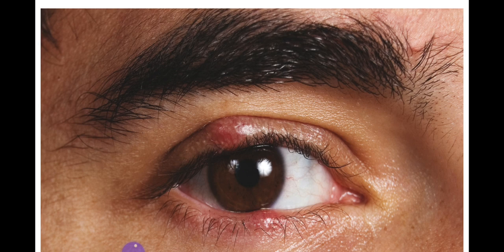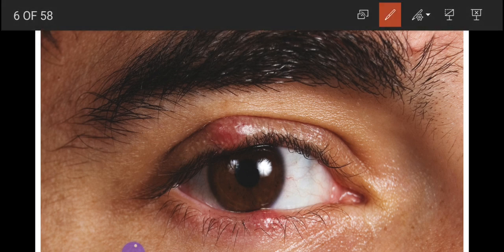In this picture, here you see the development of stye, this one and this one. Both the eyelids have the infection, and this picture shows the development of stye on both the upper lid and the lower lid. These are actually the eyelids, upper eyelids and lower eyelids.